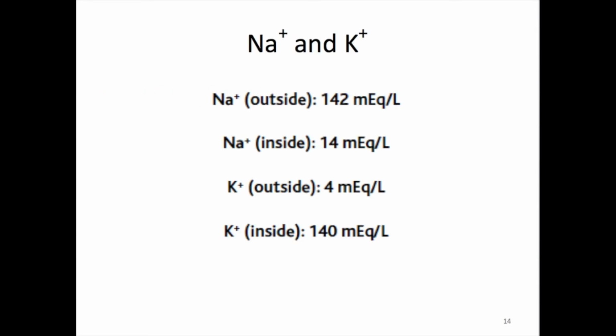The sodium potassium pump causes large concentration gradients for sodium and potassium across the resting nerve membranes, as you can see in this figure. Sodium is concentrated outside the membrane, while potassium is in large quantity inside the membrane.